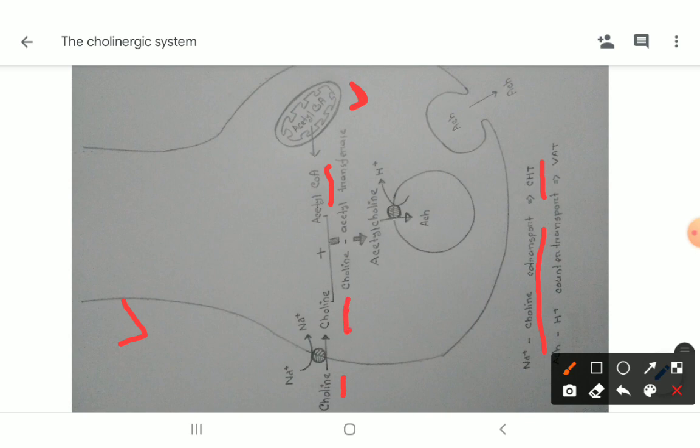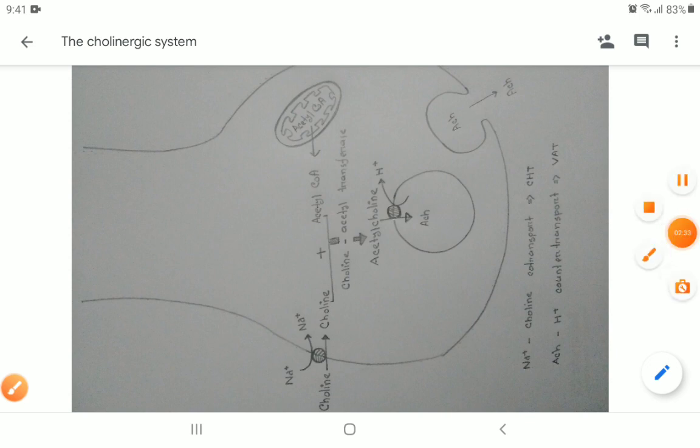Then choline and acetyl CoA react to form acetylcholine here, with the help of the enzyme choline acetyltransferase.